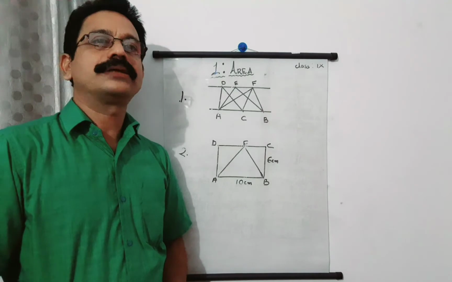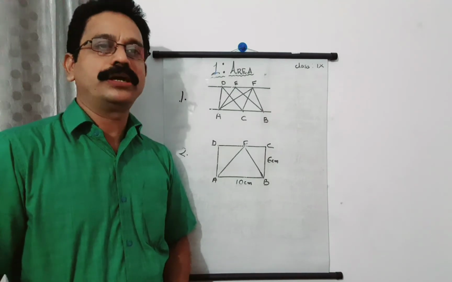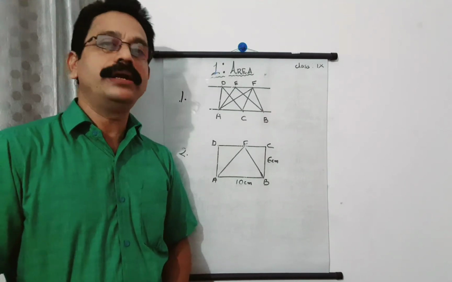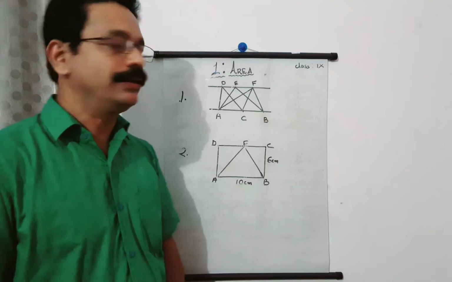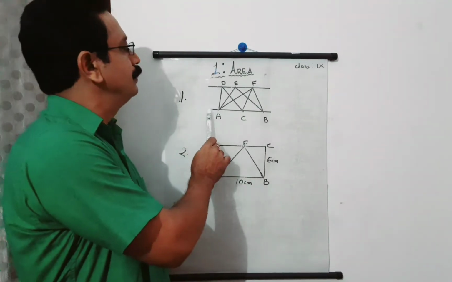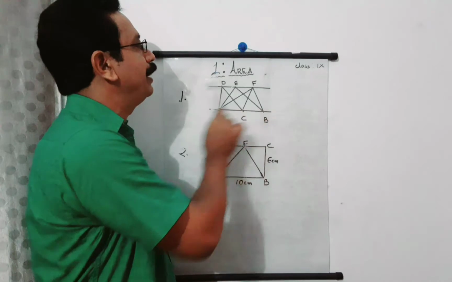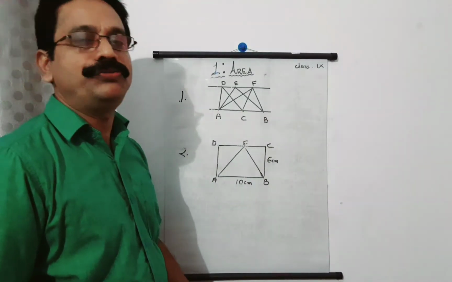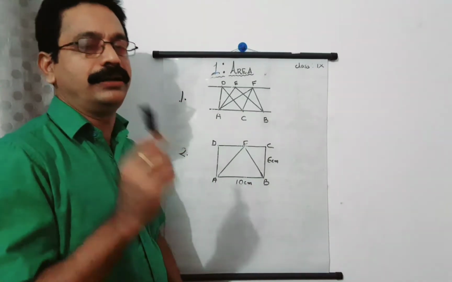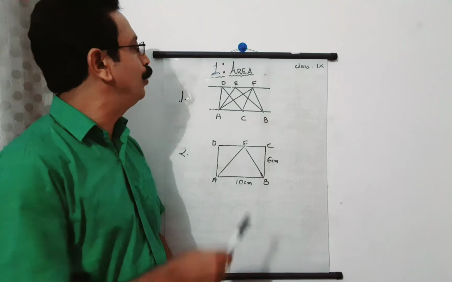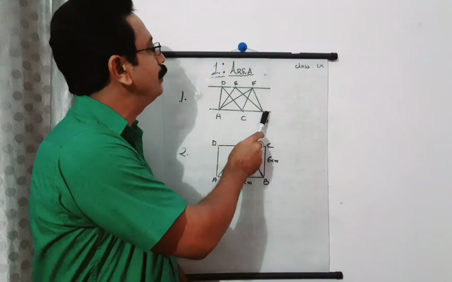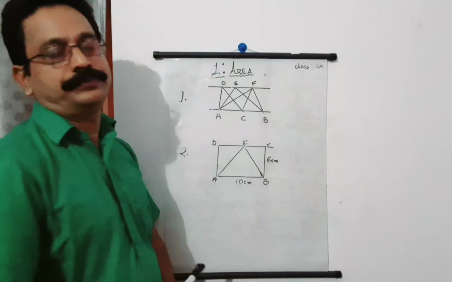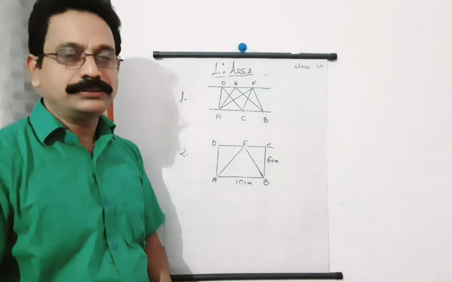Now, let us consider some problems related to today's learning activity. Here, the first problem is, these two lines are parallel. Can you find a triangle which is of equal area to the triangle ABE? Try to find.